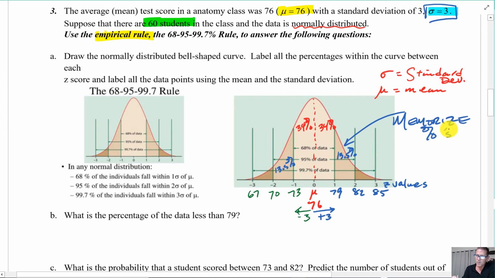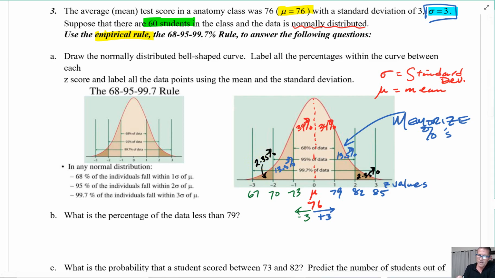Okay, and then between 2 and 3 standard deviations is 2.35%. Okay, so 2.35% in here, and over here is symmetrical, so 2.35%.